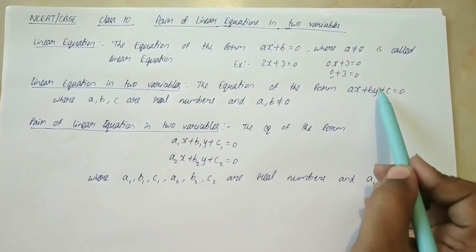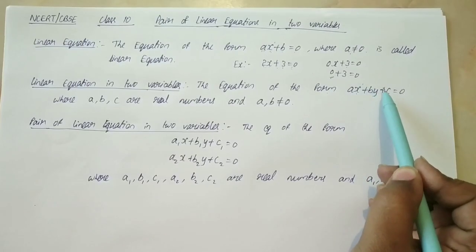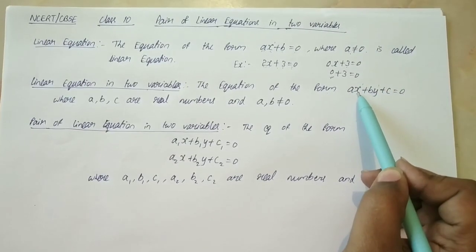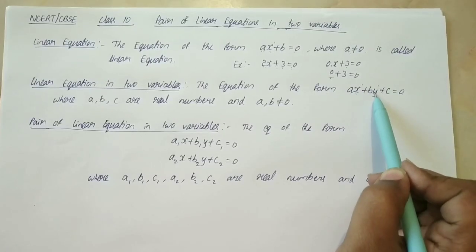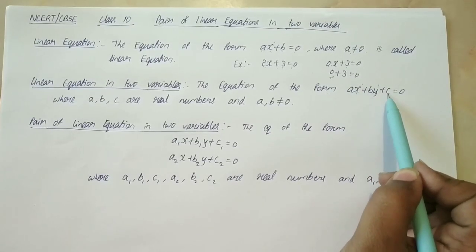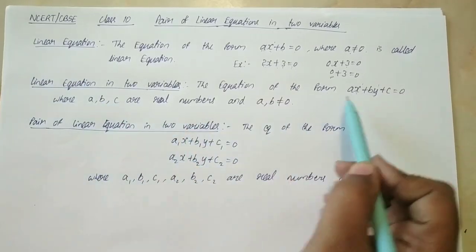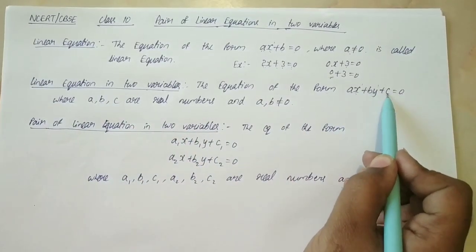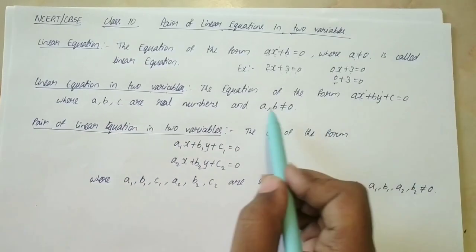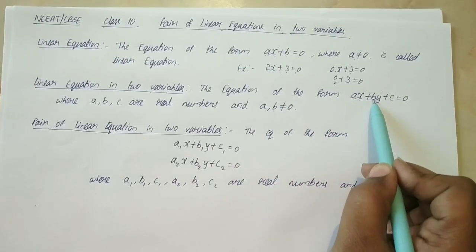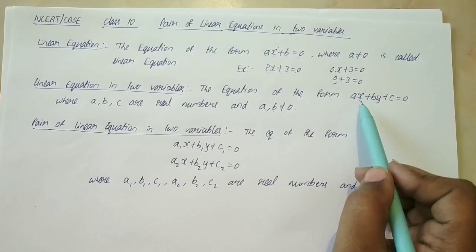Linear equation means highest power 1, so for x also the highest power is 1, and for the y variable also the highest power is 1. So it is a linear equation and it has two variables, right? That's why we call it a linear equation in two variables, where a, b, c are real numbers. The values of a, b, c may be any real numbers, and a and b should not be equal to 0. So this a value and this b value must not be equal to 0.